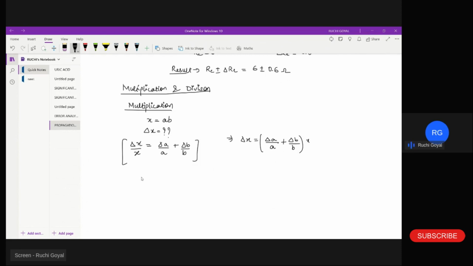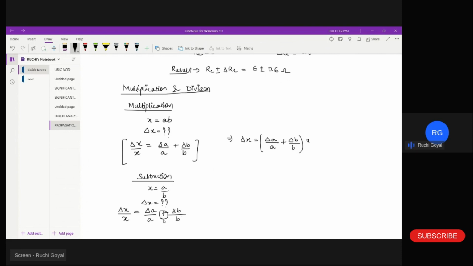If we have the division case, how will you find the error? Suppose x is a divided by b. Then again we have to find delta x from here. So delta x will be the same as in the case of multiplication. Delta x by x will be delta a by a plus delta b by b.